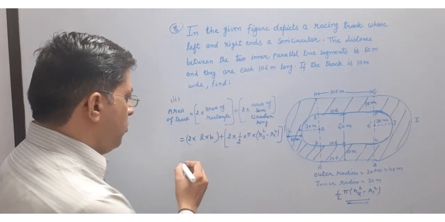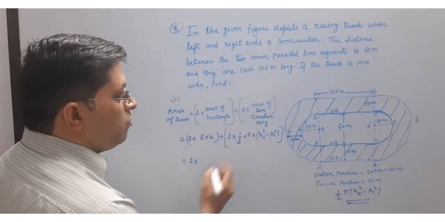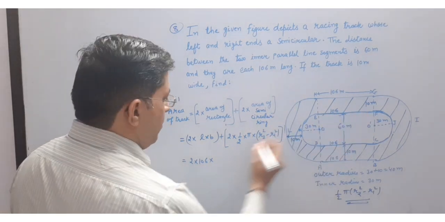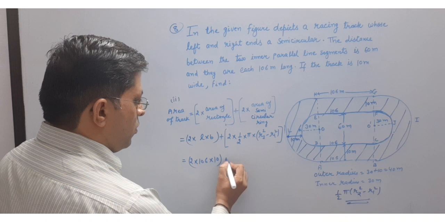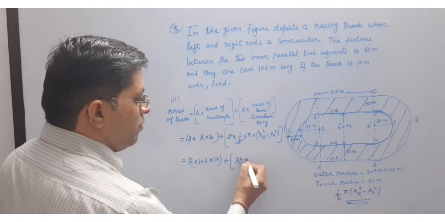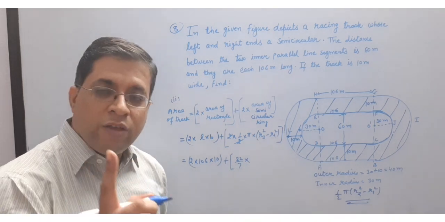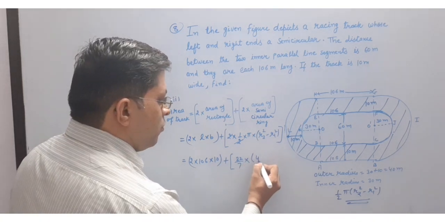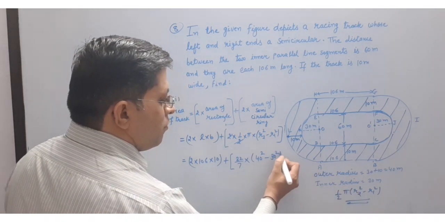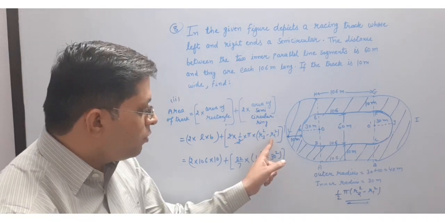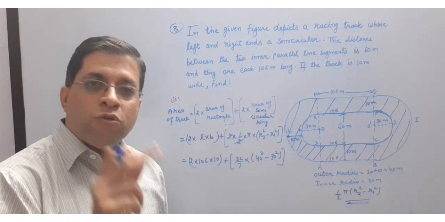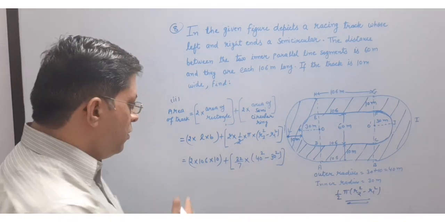Now 2 into L is 106, and breadth is 10, plus 2 cut 2, pi is 22 upon 7. R2 is 40 square, R1 is 30 square. You have to put R1 square, so this will be 30 square, and R2 square will be 40 square.